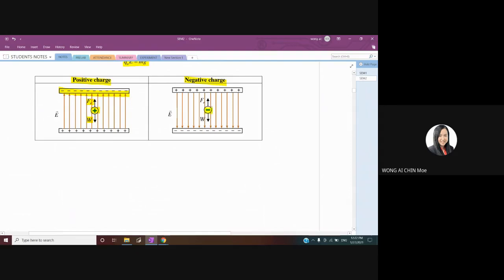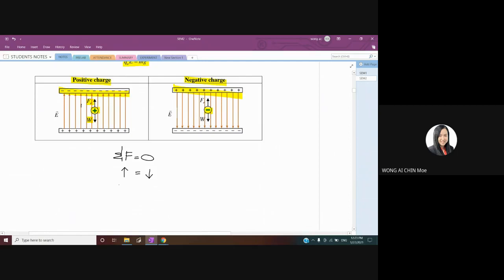Similar for a negative charge. Of course, a negative charge will be attracted to the positive plate. So if F is acting upward and the weight is acting downward, and F net equals to 0, the force acting upward equals the force acting downward.